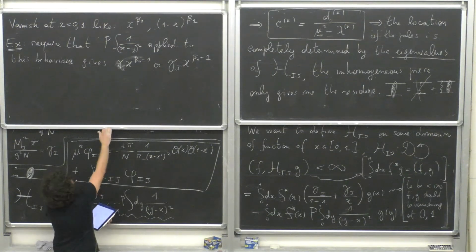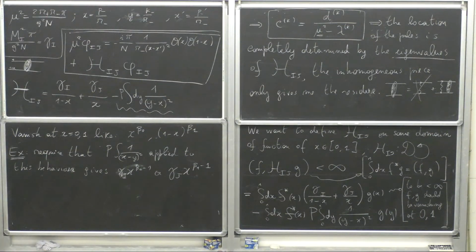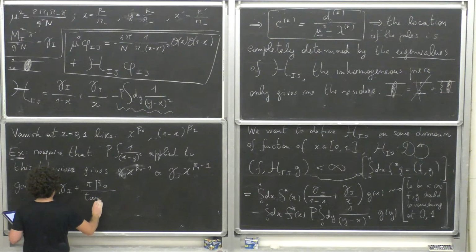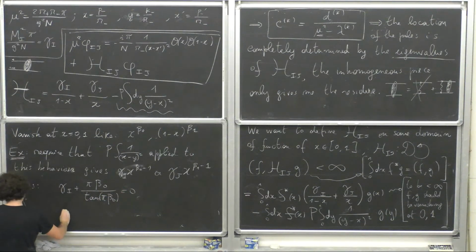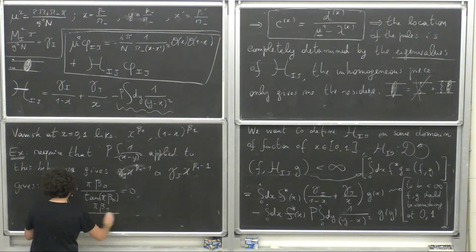If you require this cancellation, this gives a formula for this exponent, which hopefully I wrote. So this at least gives us some information about the space of functions. It's just a calculation that you can do.